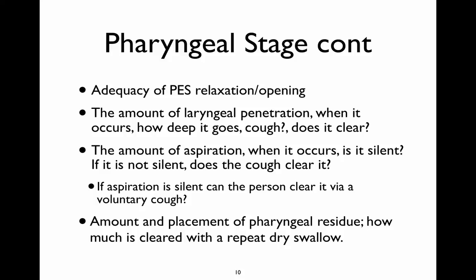If there is aspiration, does the patient react in any way, or do they have silent aspiration? That is, aspiration without the person seemingly being aware of it, and without coughing, without gagging, or attempts to clear the airway.